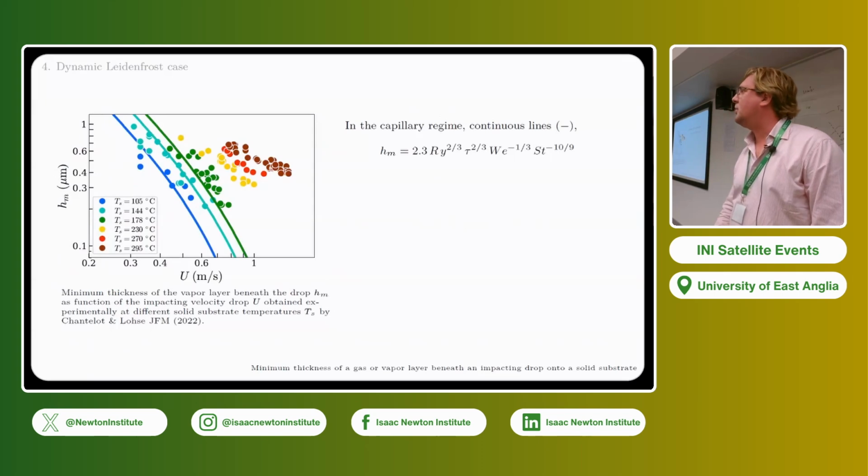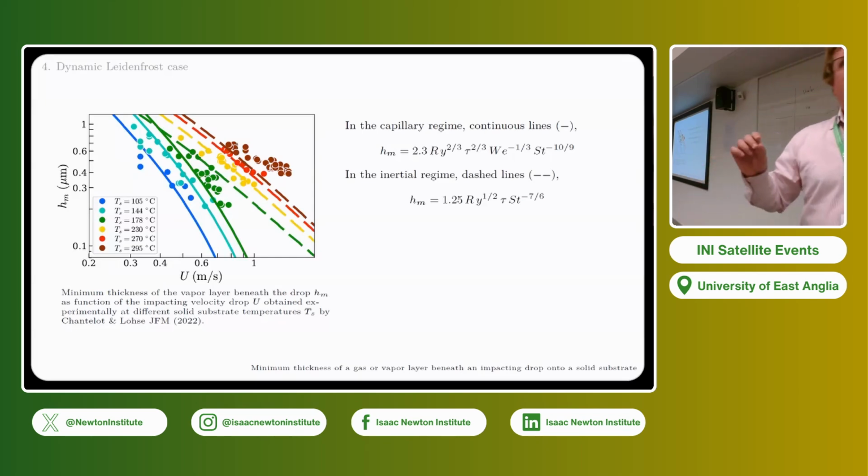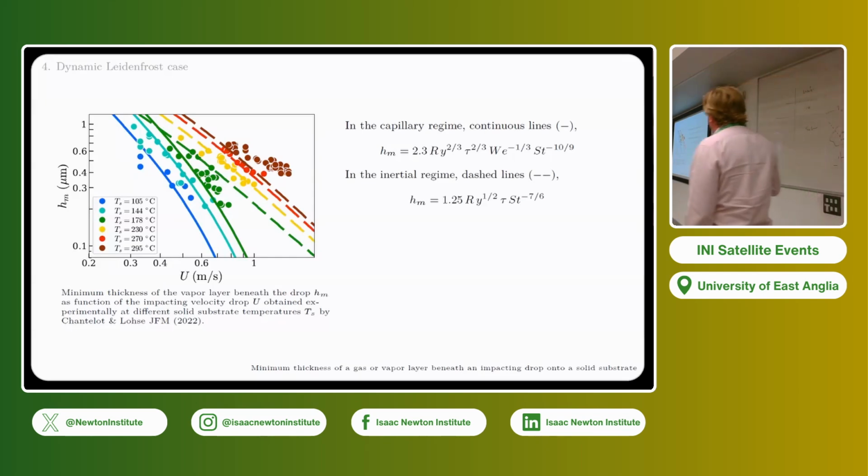We compare to the results obtained by Chantelot and Lhuissier, and we have a correct agreement with experimental results in the case of the inertial regime. And we observe some discrepancy between the model and the experimental measurement at the largest temperature.